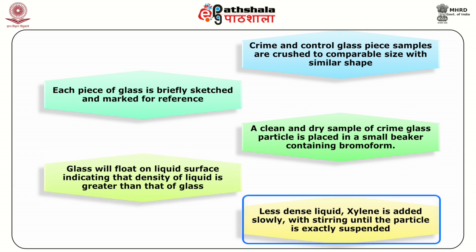The less dense liquid, xylene, is then added slowly, dropwise, with stirring until the particle is exactly suspended. One should be careful while adding the mixture that it should be stirred with each addition so that air bubbles, if any, are removed.